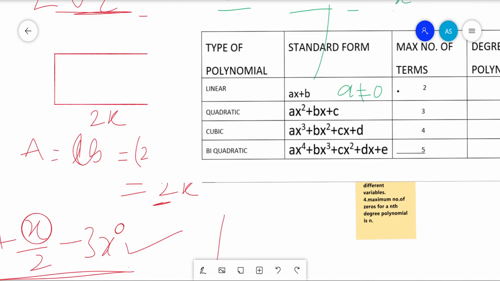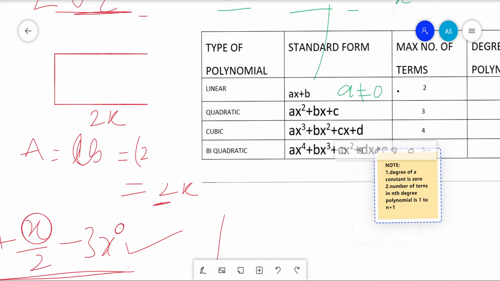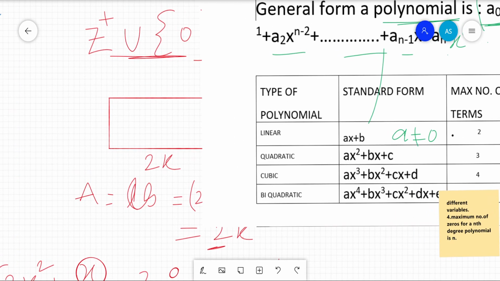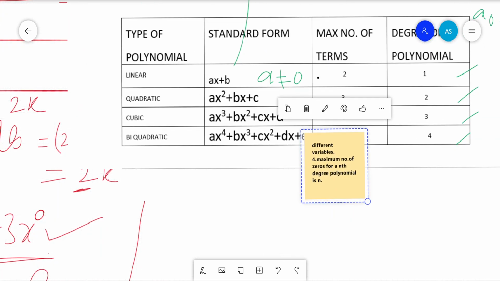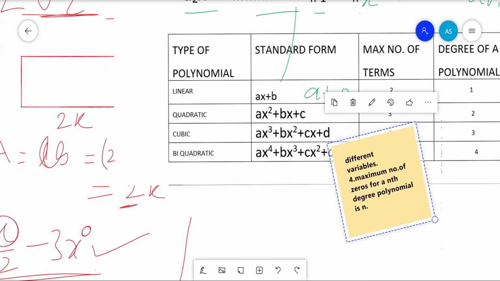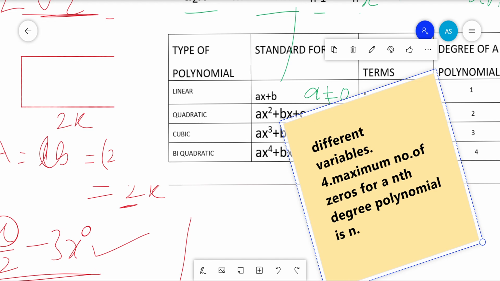So from that, what is the note you observed? First of all, the note is: what is the degree of a constant polynomial? The degree of a constant polynomial is nothing but 0.